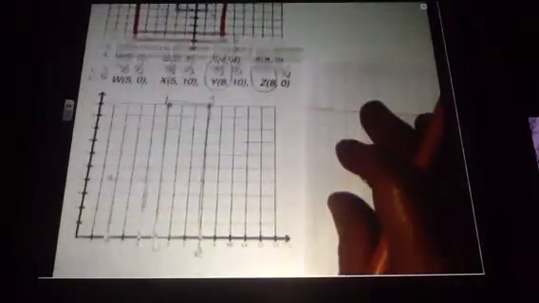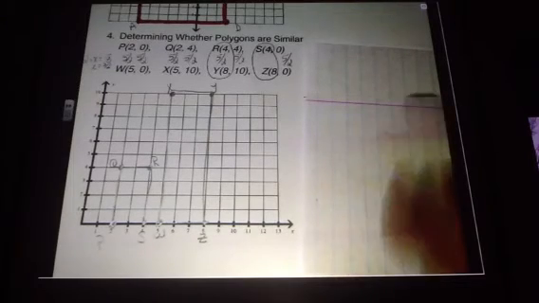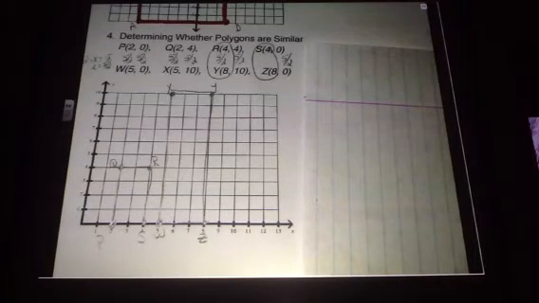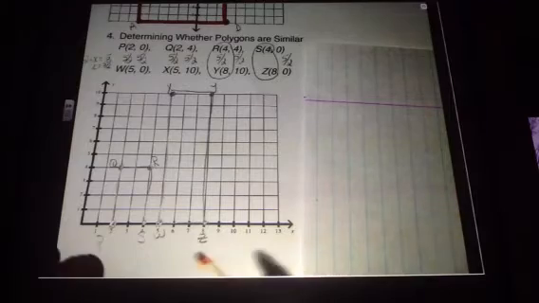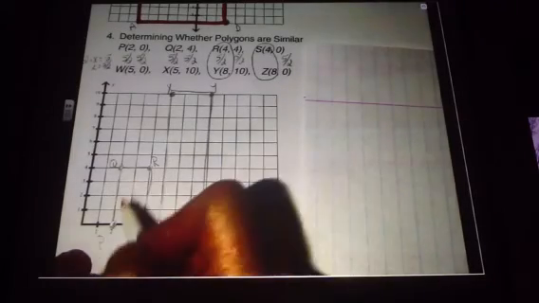Okay, last one here. So we're going to graph our pre-image, which is the PQRS.